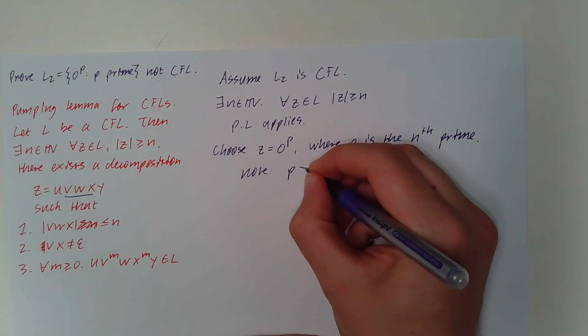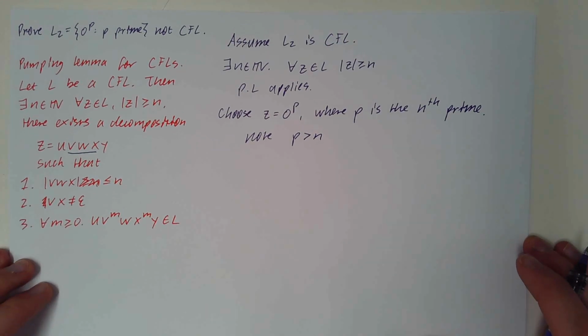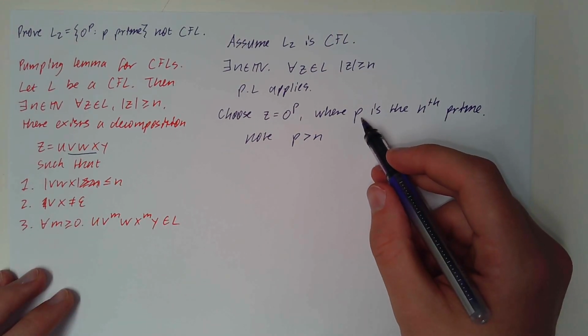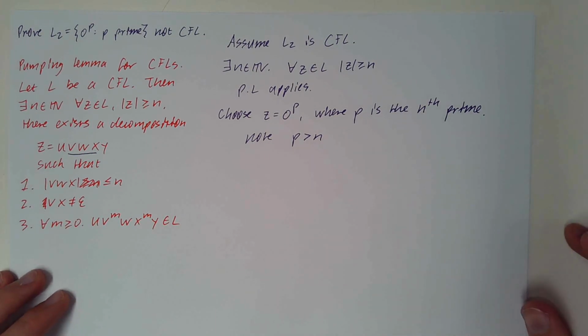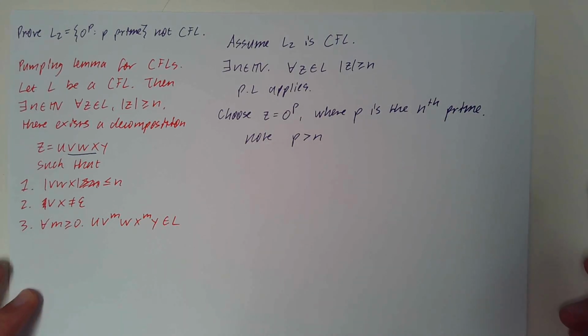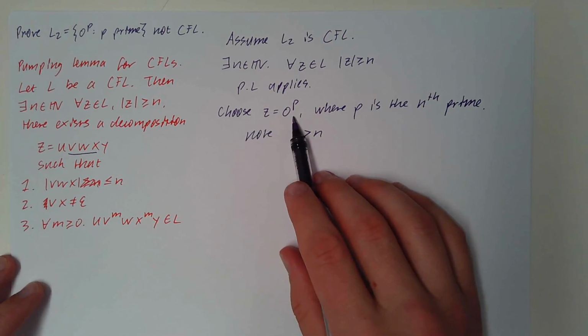Note that p is greater than n because the primes are a subset of the natural numbers. They have to grow faster, right? If p was less than n, that would mean there are more primes than natural numbers under p, and you get a contradiction. That can't be, right?